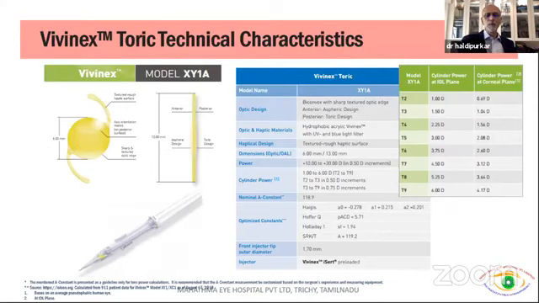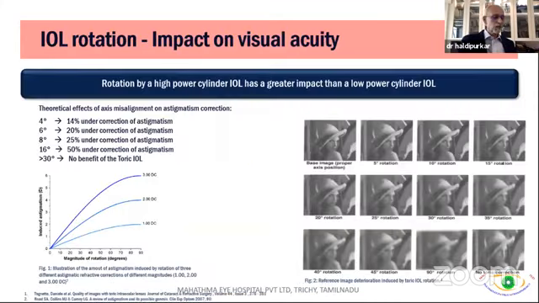And this is about the technical characteristics you can visualize on the website. Why do we concern ourselves so much about rotational stability? This picture shows how there is deterioration of the image quality with every 5 degrees of rotation. And when there is more than 30 degrees rotation, there is no benefit of toric IOLs.